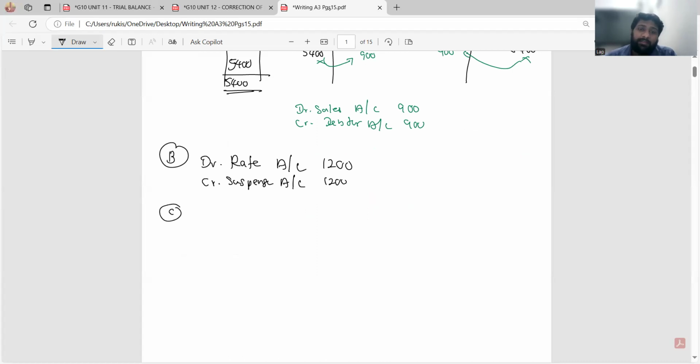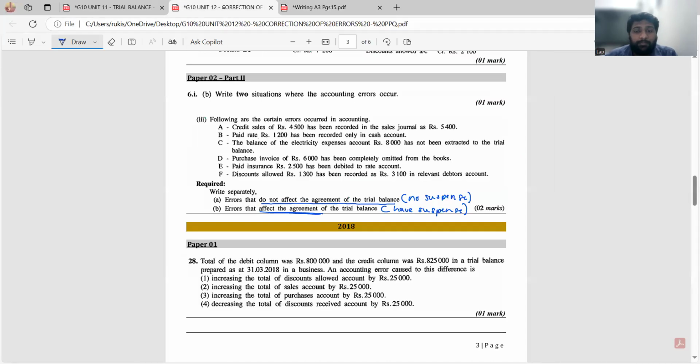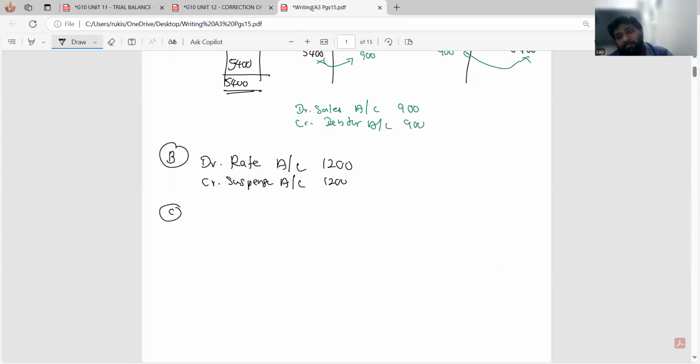Now let's see C. The balance of electricity charges 8,000 has not been extracted to the trial balance. Not taken to the trial balance, electricity charges. Then take it to the trial balance. Record in the debit side of the trial balance.